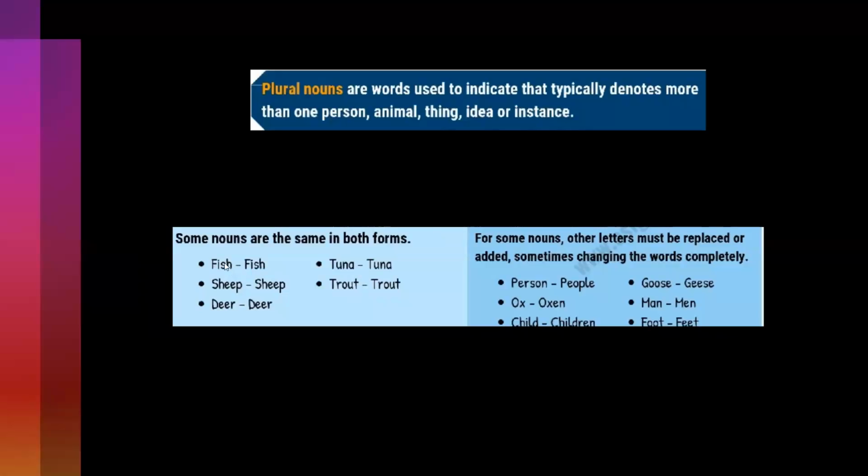Here you have some of them. Fish, fish, sheep, sheep, deer, deer. And there are some nouns that some letters are replaced or added. For example, person, people, ox, oxen, child, children, goose, geese, man, men, foot, feet.